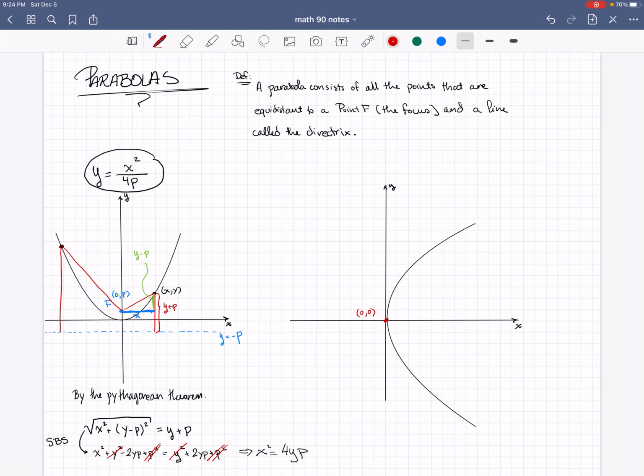So I'm going to approximate them again. This is a made-up parabola, so we'll sort of eyeball it. The focus looks to be about here. So this is the focus. We'll call this F. And then the directrix, I think, is about here.